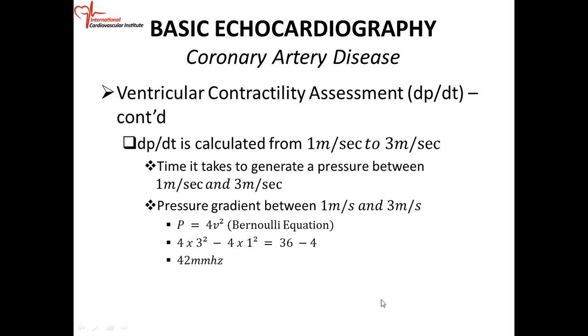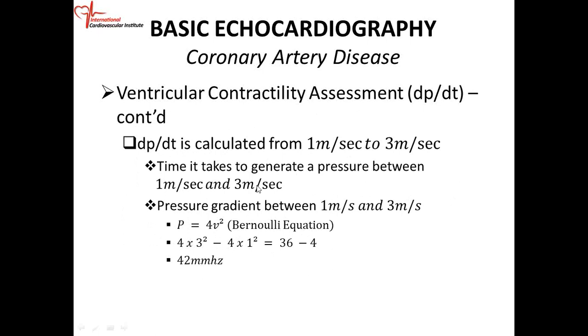The velocity, you want at least 4 meters per second. And you want to see the time it's going to take, so you get the 1 meter per second interval and the 3 meter per second interval.